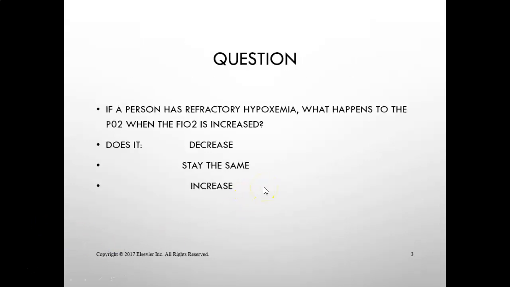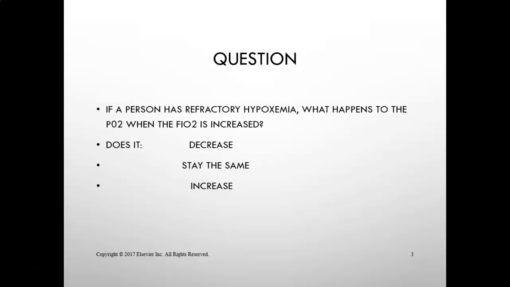Okay, so here's a question for you. If a person has refractory hypoxemia, what happens to the PO2 when the FiO2 is increased? Will it decrease? Will it stay the same? Or will it increase? So let's look at the question again.